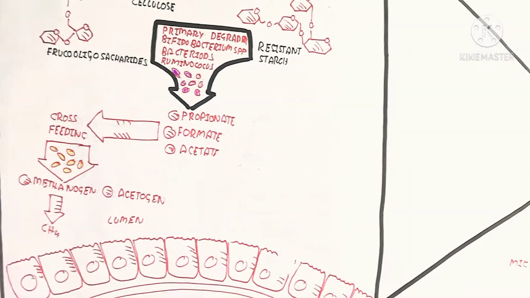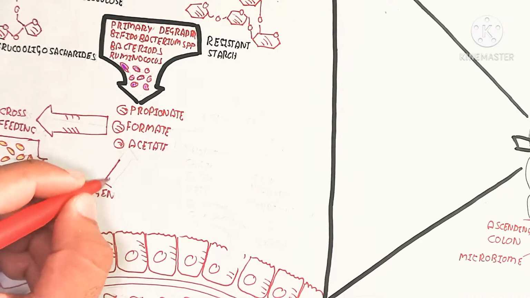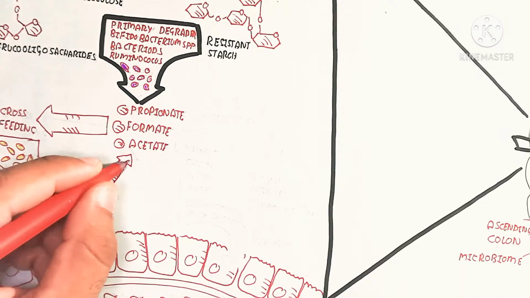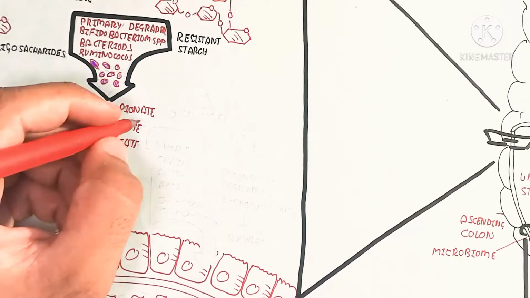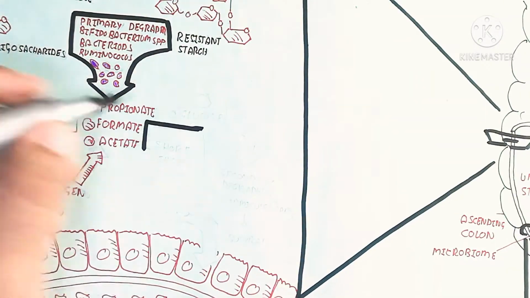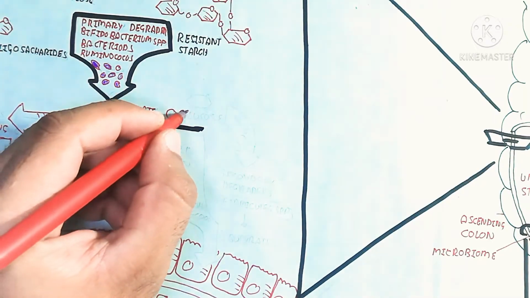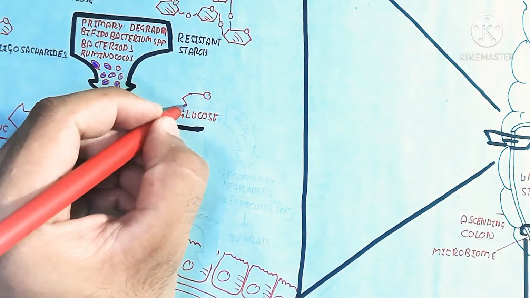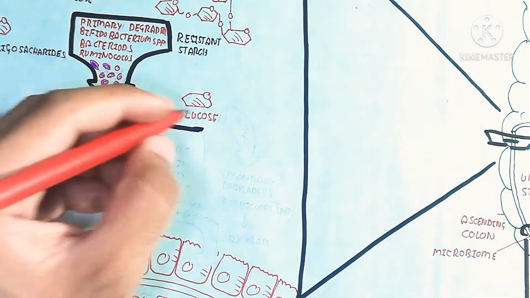The acetogen is also present in our lumen, and is used for cross feeding to produce acetate again from formate or propionate. That is the conversion of the molecules of the short chain fatty acids.